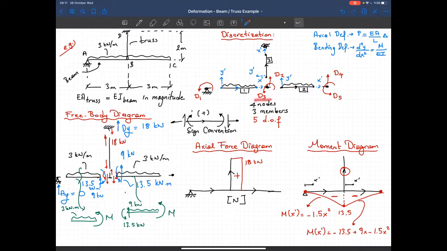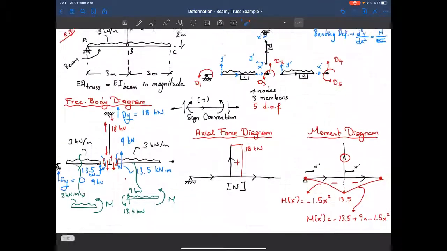Once I determine d3, I can jump to the second member. I know 2 boundary conditions in that case, and I can calculate d4 and d5. So that would be my solution approach: start from the third member, determine d2, go to the first member, determine d1 and d3, and then the second member, determine d4 and d5. So I have all the information that I need. I know where to start and how to solve this structure.